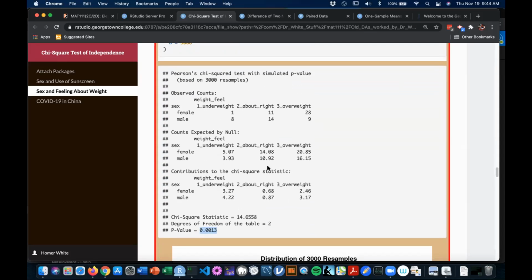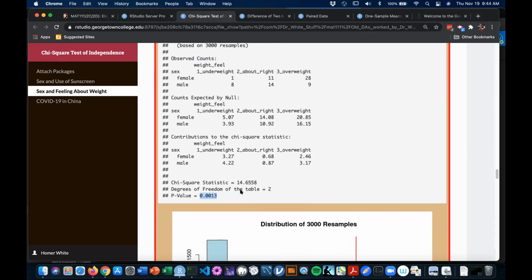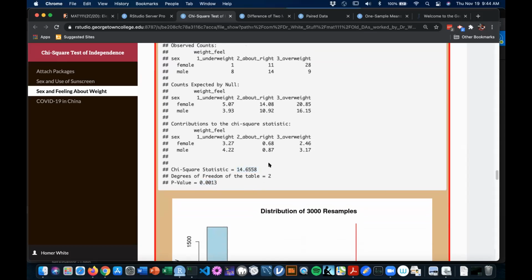Go back into 2 populations that you set up so that the 2 variables are not related, so that the 2 sexes feel the same about how they feel about the weight. Sample 40 females and 31 males. Make a 2-way table, make the chi-square statistic, keep a note of it, and then find out what percentage of those chi-square statistics got higher than the 14.6 that we actually got in our sample.